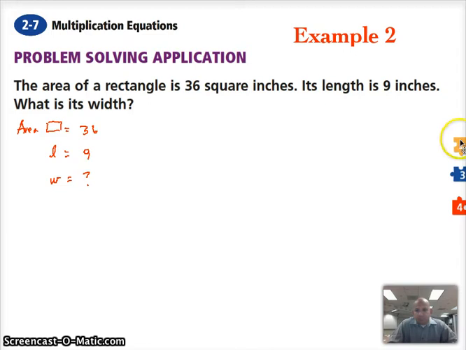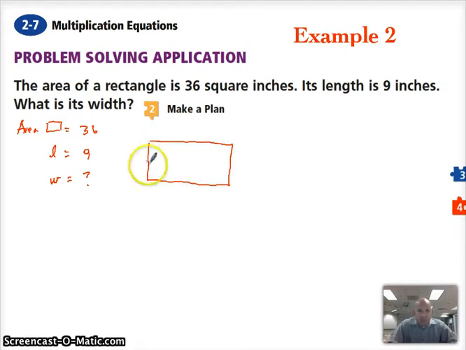Next, I've got to make a plan. First of all, I guess in order to make a plan, I want to make sure that I understand this problem. So I'm going to draw a rectangle. And since there's 36 square inches in the middle, and the length is 9, I've got to figure out this width. Okay?